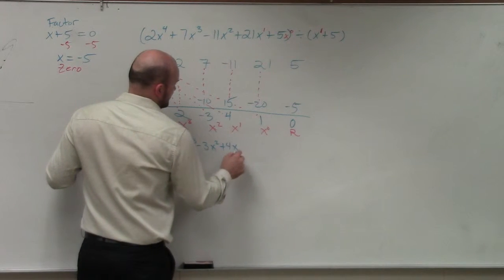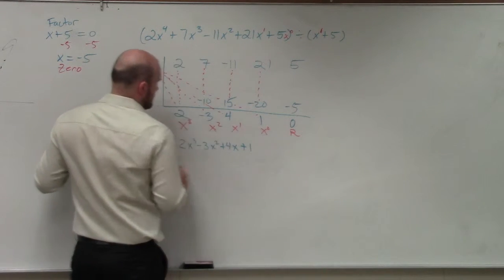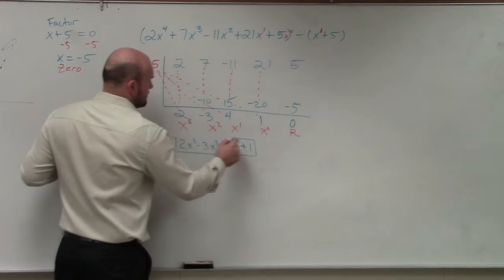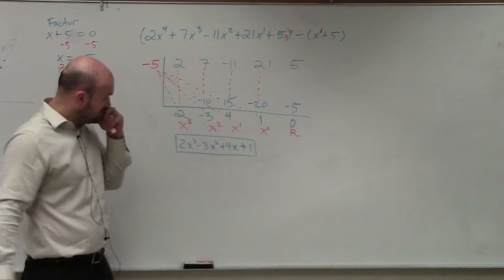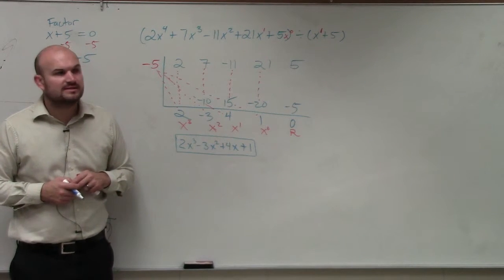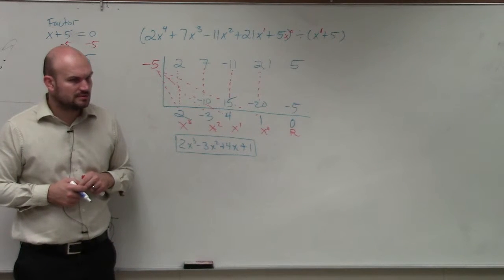So the quotient for this problem is 2x cubed minus 3x squared plus 4x plus 1. Does that make sense? Does that agree with it?